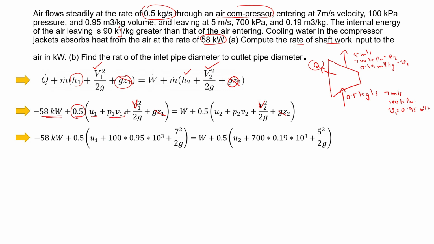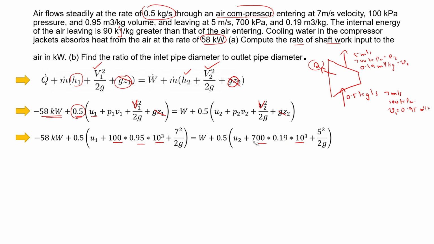So P1 V1, that is pressure into specific volume at inlet, is 100 into 0.95 into 10 raised to 3. And P2 V2 is 700 into 0.19 into 10 raised to 3.